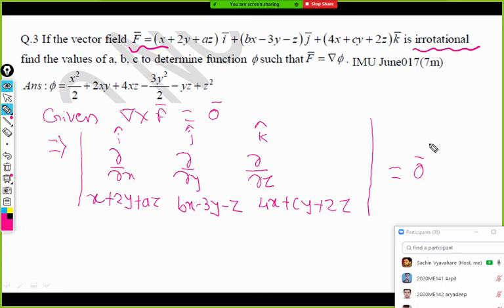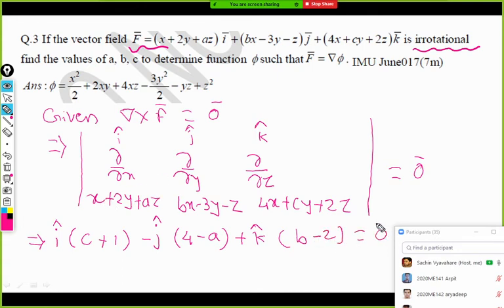Now you should tell me the derivatives here. So this is i cap into c minus minus 1, derivative of f3 with respect to y is c, f2 with respect to z is minus 1. Then minus j cap into derivative of f3 with respect to x, it's 4, f1 with respect to z is a, plus k cap into derivative of f2 with respect to x, it is b, and derivative of f1 with respect to y.